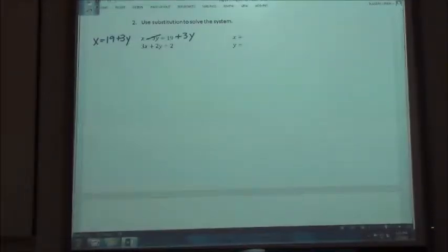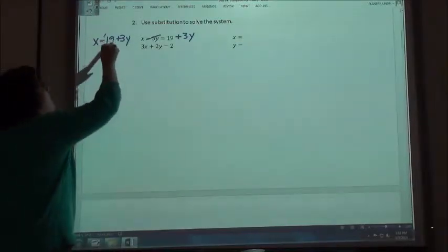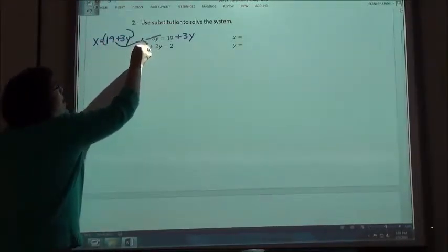So that means in the second equation, I'm going to replace the x with 19 plus 3y. So if I do that, what would I have?